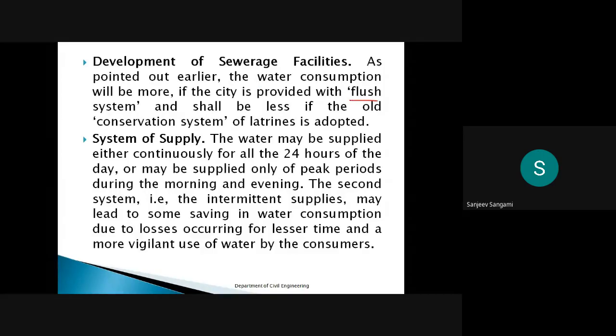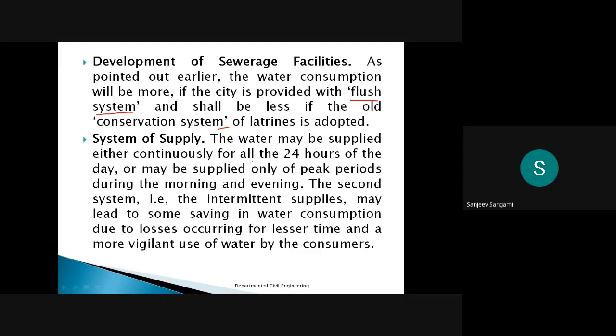If the flush system is there, then of course there will be a lot of consumption, and it shall be less if old conservancy systems like our Indian latrines are used. This is one very important component. But nowadays fewer flushing systems are being used. That we can discuss in particular later also.